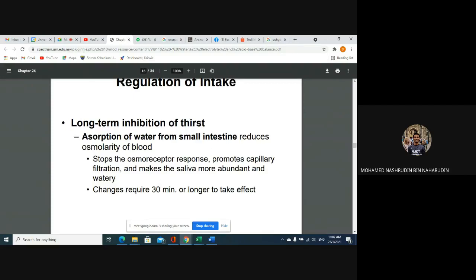Inhibition means stopping the sensation of thirst, in other words, stopping you from taking more water. Or else you will end up with fluid toxification. Too much water can also be toxic to our body, so you don't want that.